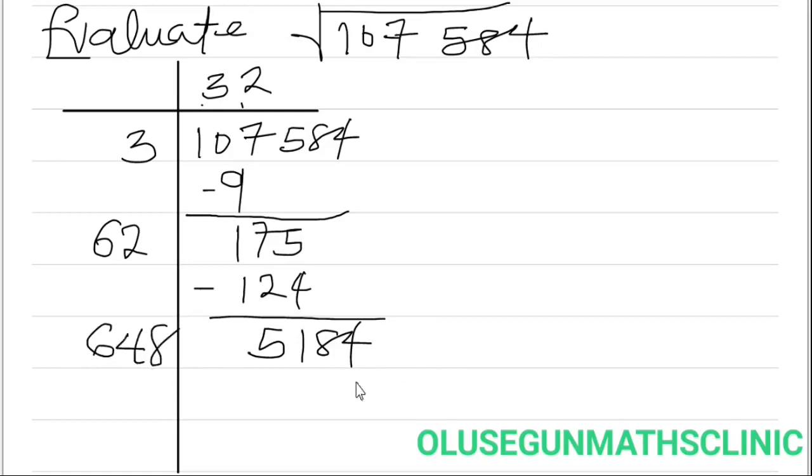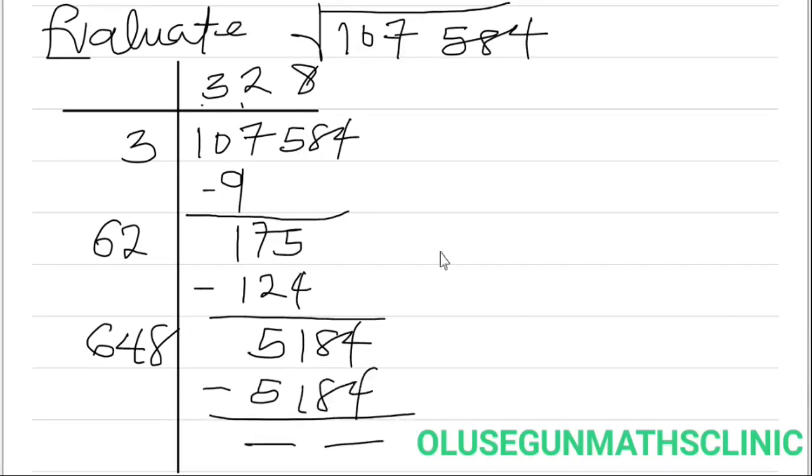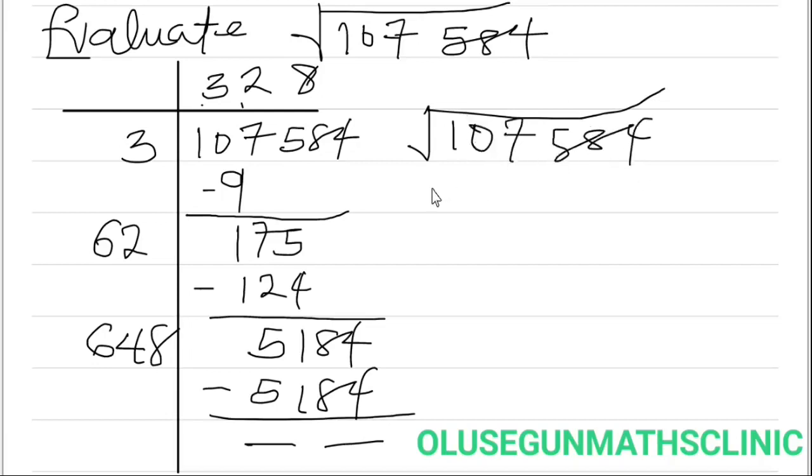If it goes here in 8 ways, after you multiply with 8, we also have the same value. It will go in 8 ways directly without any stress. This will give you 5184. So, meaning that the square root of this number, 107,584, will be equal to 328.